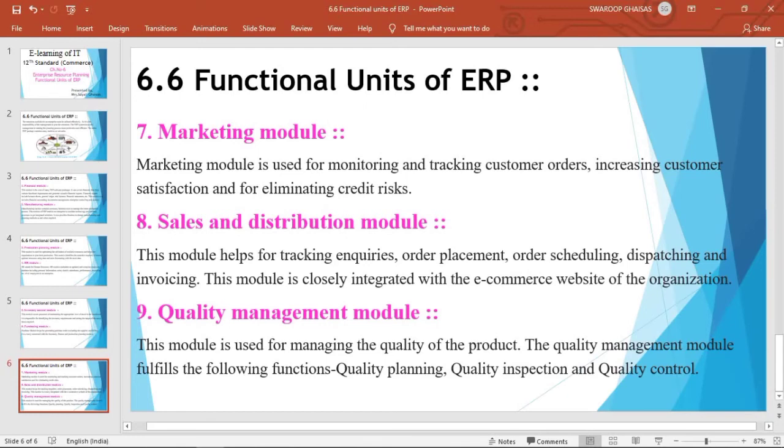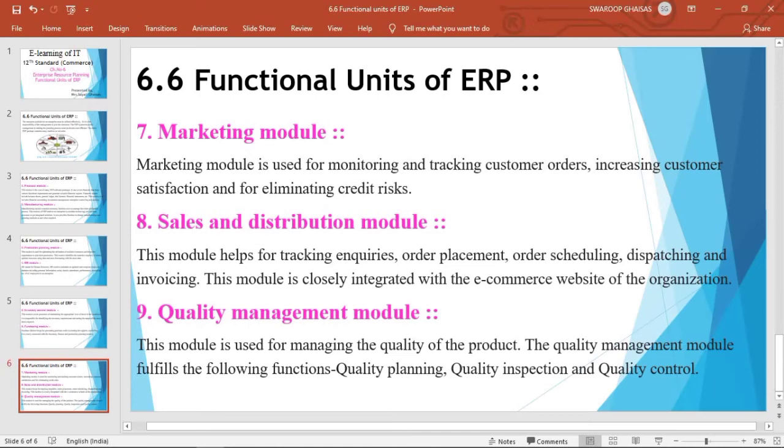If there are multiple orders, then you have to schedule the orders, that is which order is to be fulfilled first. So that scheduling is to be done, that is order scheduling. Then dispatching, that is to deliver the product, and invoicing, that is nothing but a billing process. So this is related with the sales and distribution module.